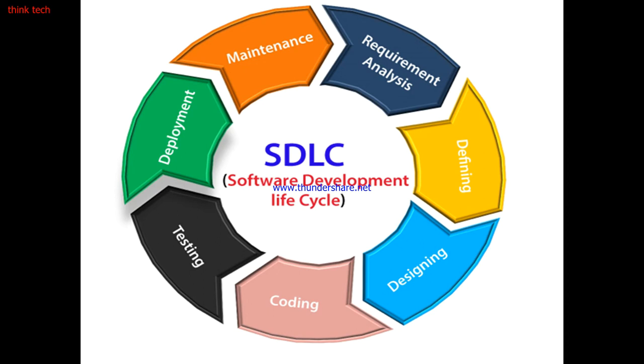After this phase completes, it goes to the next phase, that is the testing phase. In the testing phase, testers put the code through its paces and check the code.